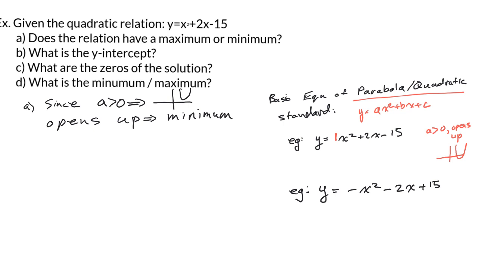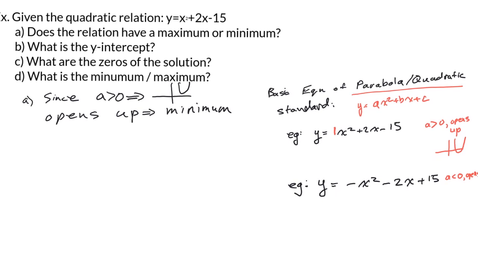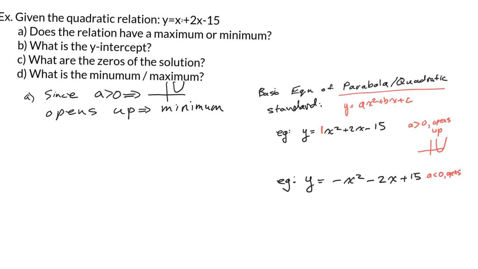The key concept is if a is less than 0, this one opens down. So instead of opening up, it opens down. And in this case, our a value is instead of 1, it's -1. Okay? So it opens down.